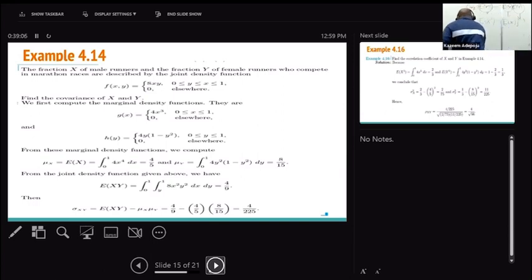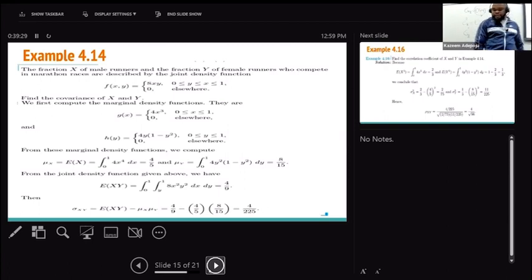Then the sigma y squared is expected value of y squared minus expected value of y all squared. Don't forget that. And that is why I said, oh my God, all what we're doing, they are mathematical expectation. Whether the mean, whether the variance, whether the covariance, whether the correlation, they are all mathematical expectation.